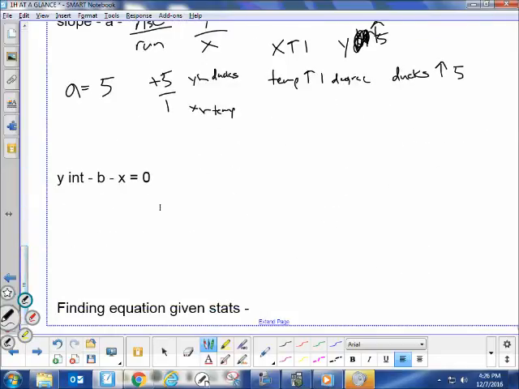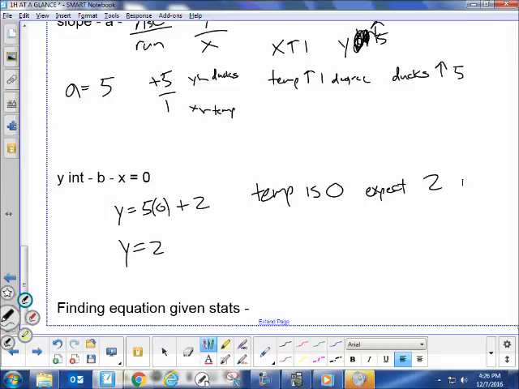The interpretation of my B: when x is 0, I'd have y equals 5 times 0 plus 2, so y equals 2. Well, x is 0. X stands for temperature. If the temperature is 0, I'd have 2 ducks at the lake.